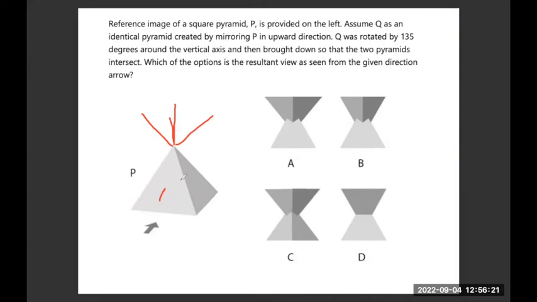The second clue being this edge that we see at the bottom will obviously be slightly smaller than the edge which gets formed by this kind of a surface here. So just two clues, and then you will arrive at the answer which is the correct one here.